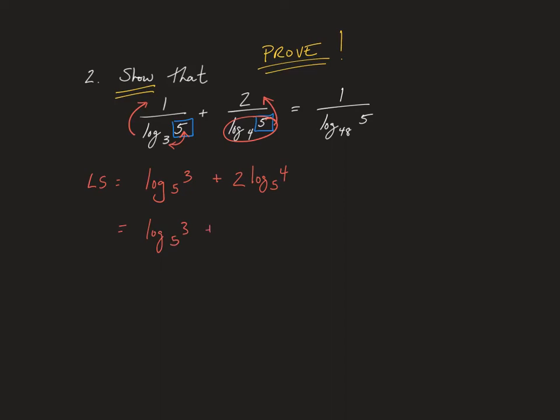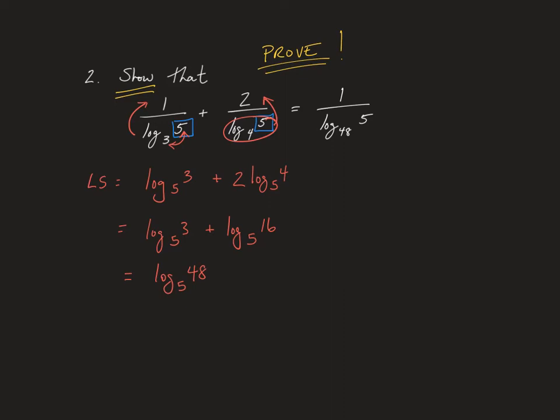And I know to get rid of the 2 out in front, I can move that back up to the inside, so I have 4 squared, which is 16. And now I have a single log plus another log. And so since I have addition between two logs, then I have multiplication on the inside.